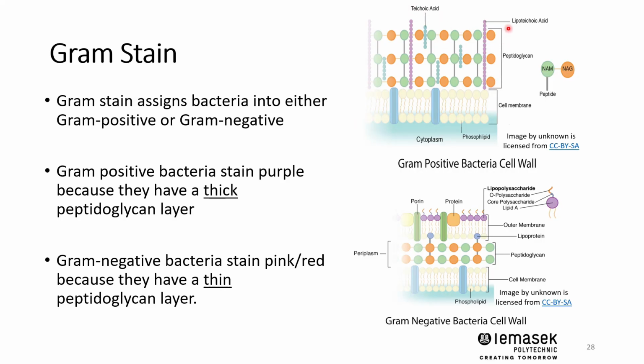It's a very thick peptidoglycan cell wall here. In contrast, gram-negative bacteria, once you perform a gram stain, will appear pink or red because they have a thin peptidoglycan. In addition to their thin peptidoglycan, they also have an outer membrane that consists of your lipopolysaccharides, which I mentioned just now.